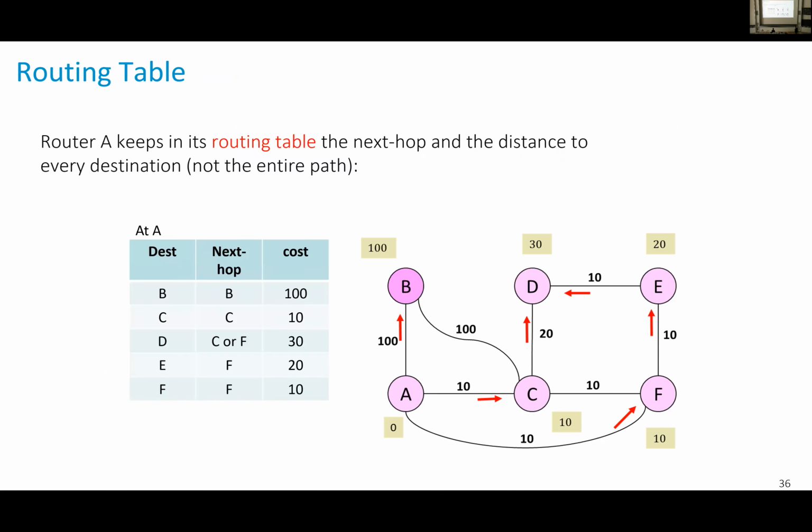At the end of the day, the only thing that A will get from this is a routing table that says, for example, in order to go to D, we have next hop C or F, distance 30, and for the other nodes, we have all the next hops here. So that's the only thing we use in this version of OSPF out of the shortest path computation.